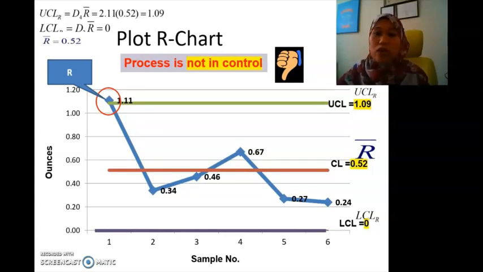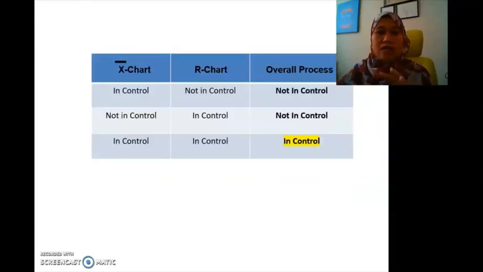For the conclusion, we need to read the X bar chart together with the R chart. These are the conditions. If the X bar chart is in control but the R chart is not in control, the overall process is not in control, so we need to investigate, solve it, and make sure the process is smooth.